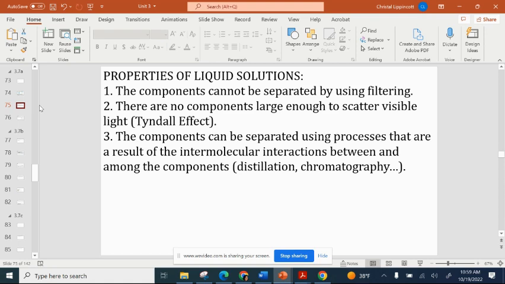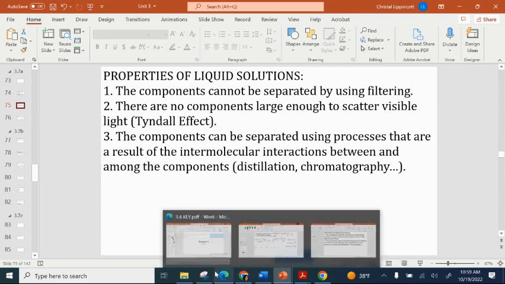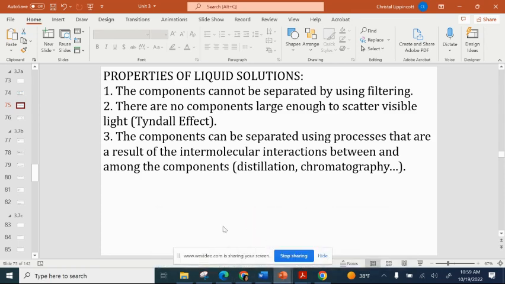So the Tyndall effect, you guys know the Tyndall effect? Okay. So the Tyndall effect will tell you if you are dealing with a colloid or if you are dealing with a suspension.